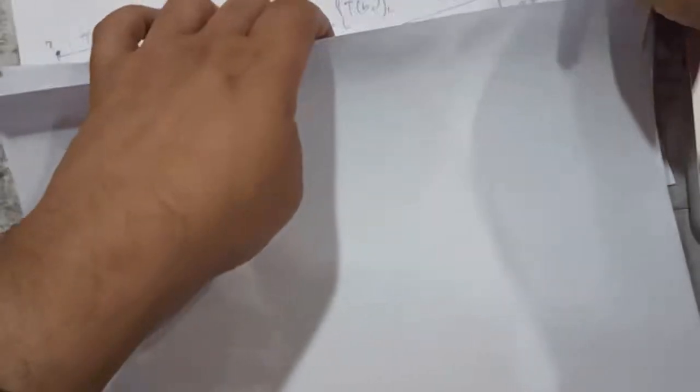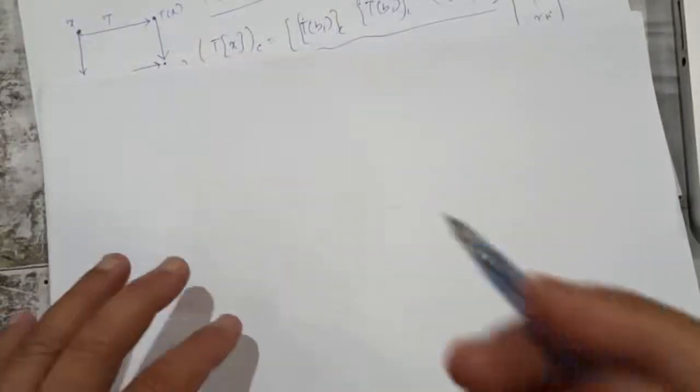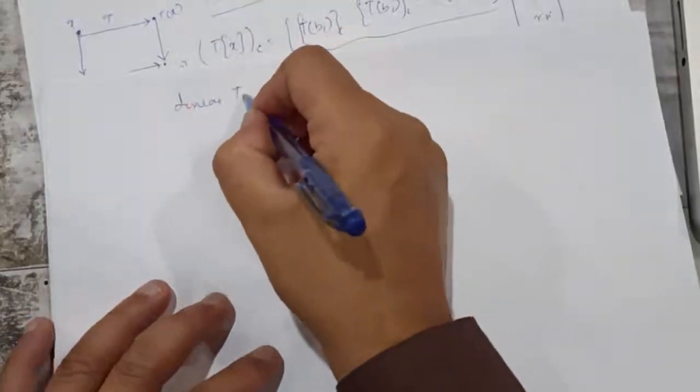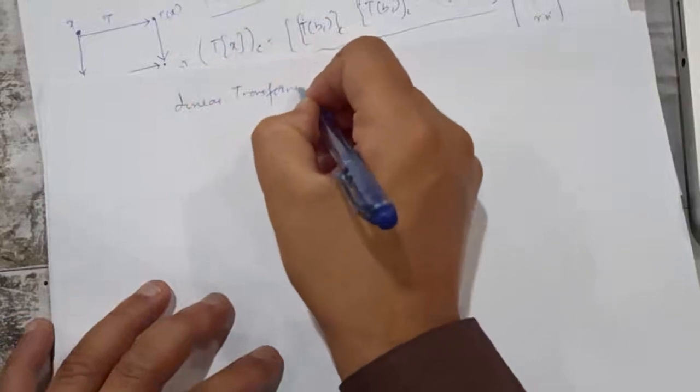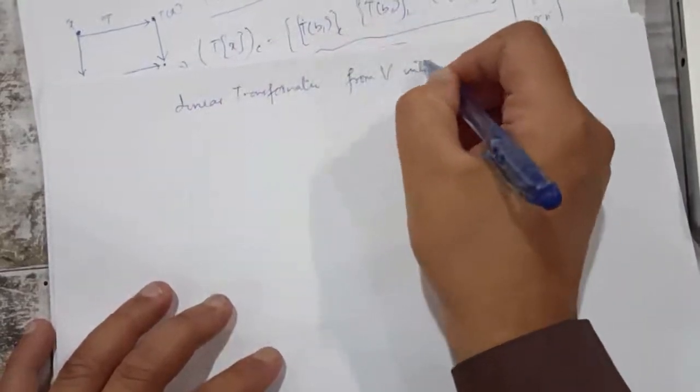Now similarly, there could be a scenario in which you are transforming within a space. So a linear transformation from V into V, right?